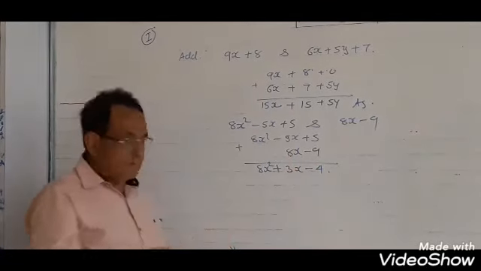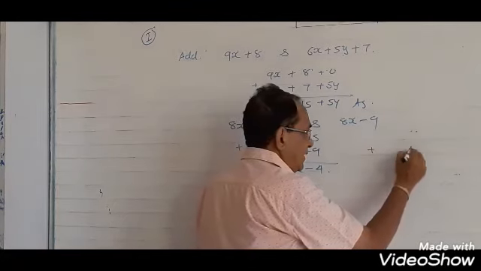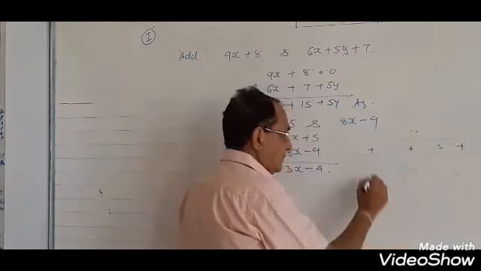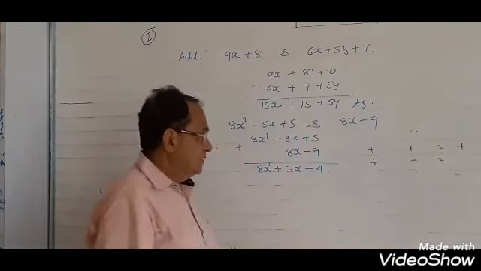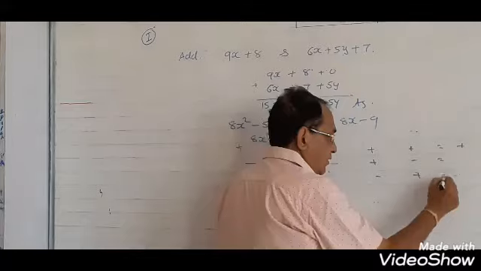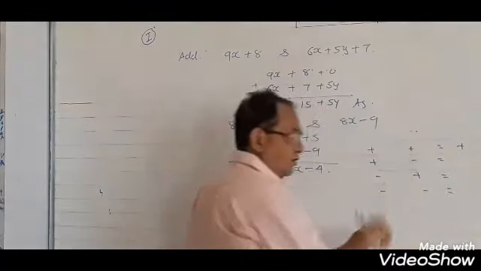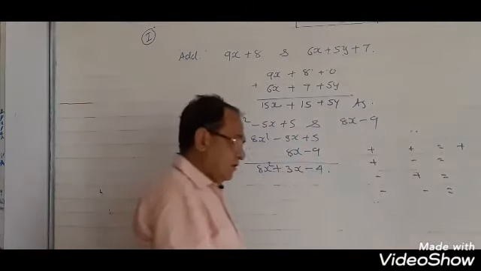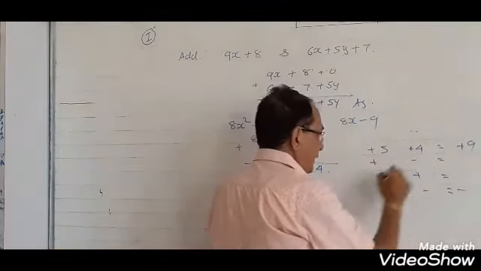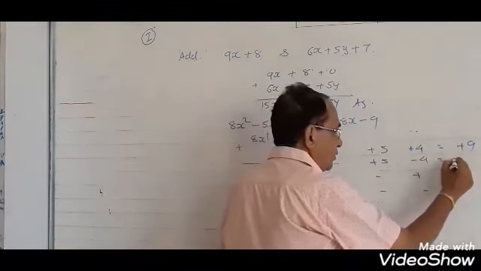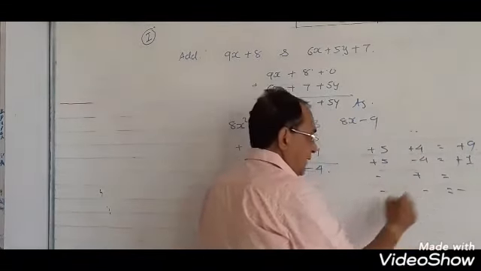Do you know this one? Suppose plus plus sign is plus; minus plus, take the difference and put the sign of the greater; minus minus, do plus and the sign is minus. Suppose 5 plus 4 is 9. Plus 5 minus 4, the difference is 1. Which one is greater? 5. So plus 1.